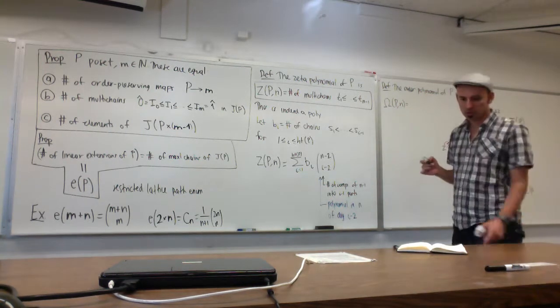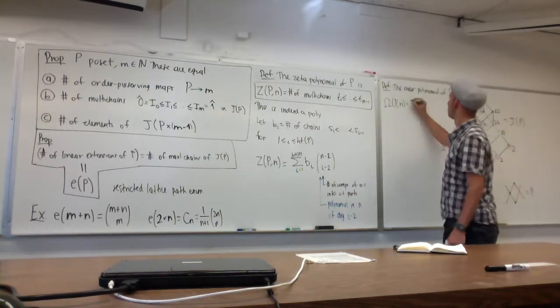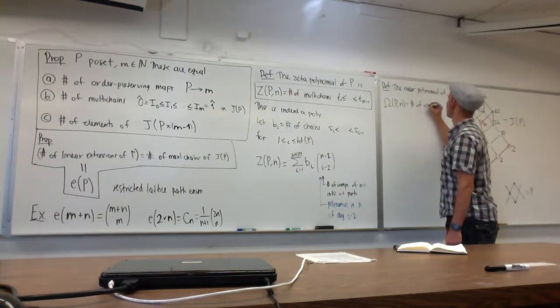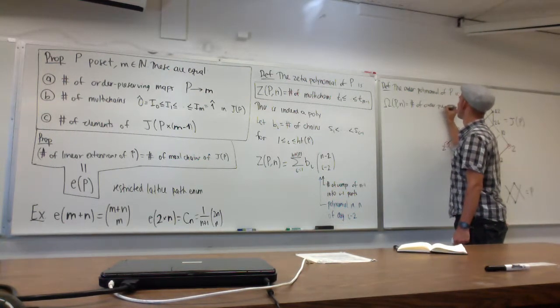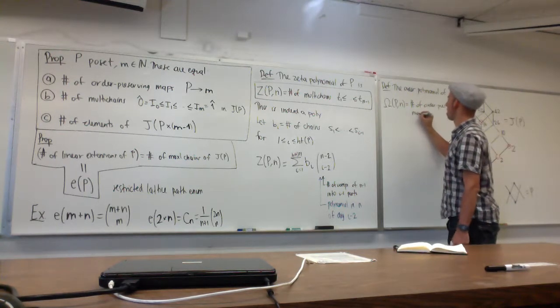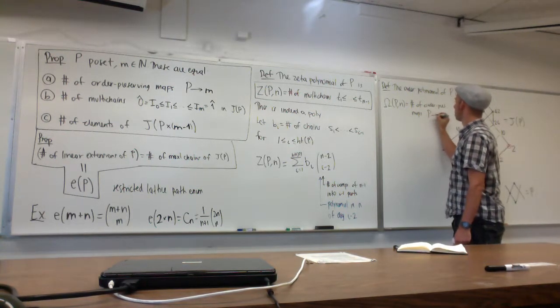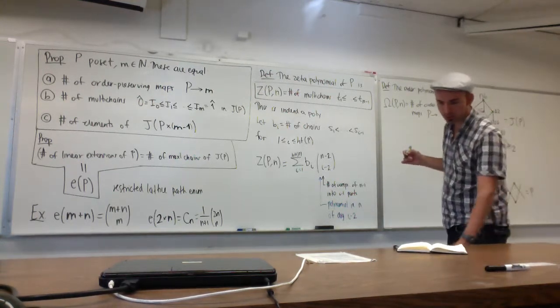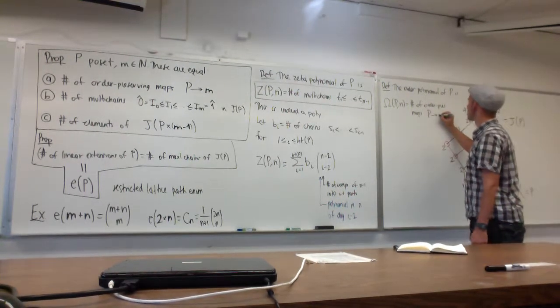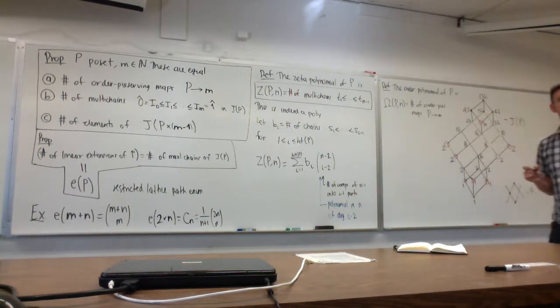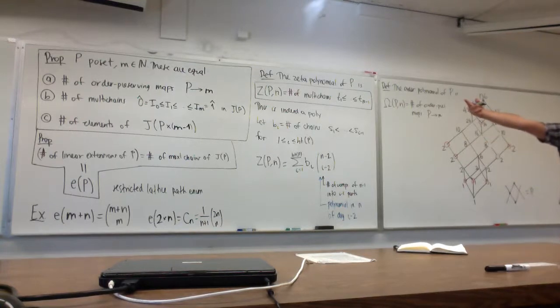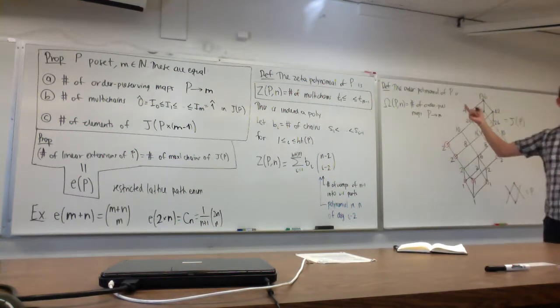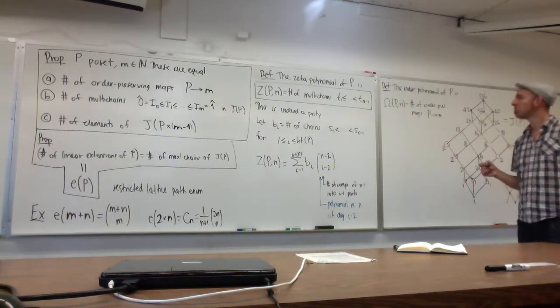This is going to be the number of order-preserving maps from P to the chain of size n. So again, it's what we just studied; now I'm giving it a name. I'm calling it the order polynomial.